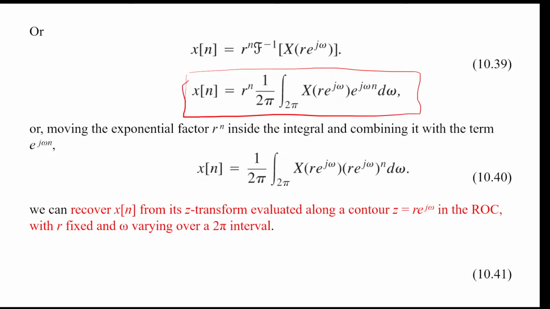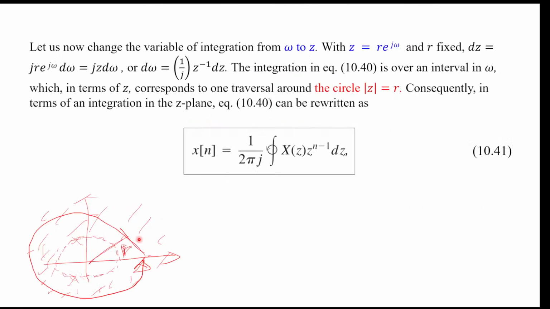But we want to make this more formal, just like in chapter 9. We move this r^n inside, and so this becomes (re^{jω})^n. Here we have r fixed. From this, we want to change the integration from dω to dz, because we are integrating on some contour in the z plane.